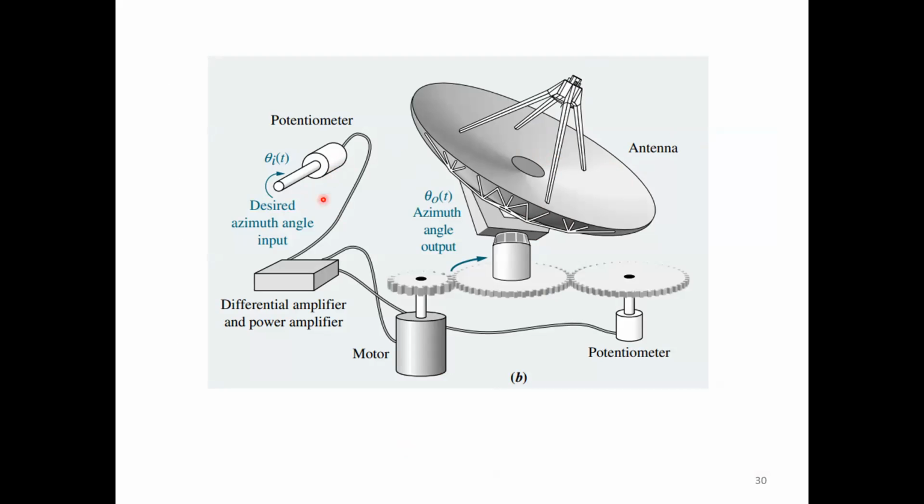You can change the angle by rotating it, and the differential power amplifier will drive the motor. Then whenever you change the angle here, it will move the antenna. Here, see, the gear systems are there. We'll see the gear systems later.